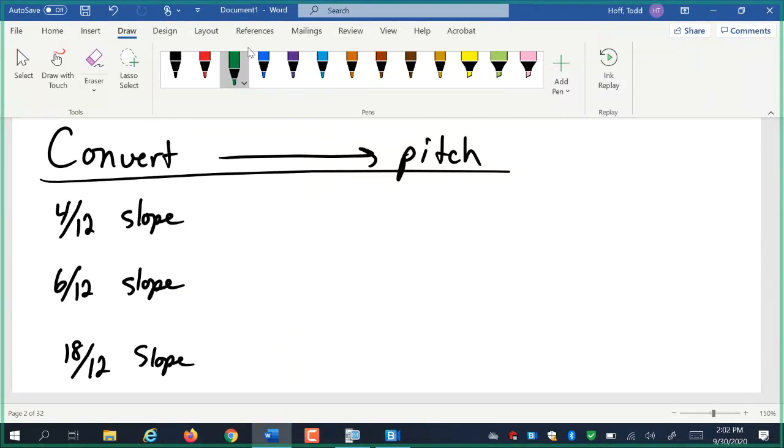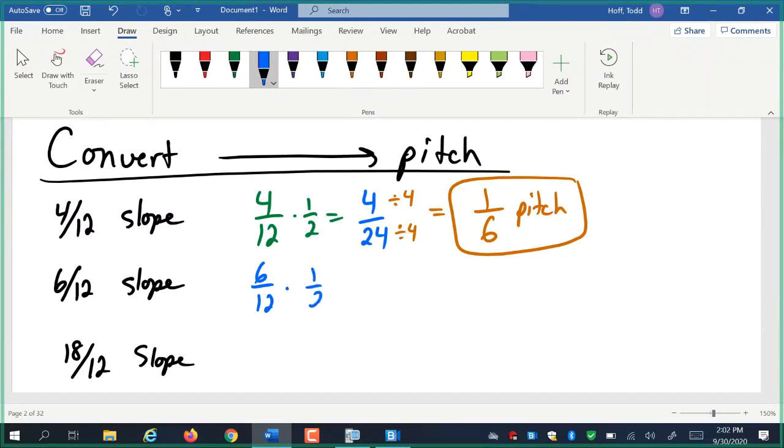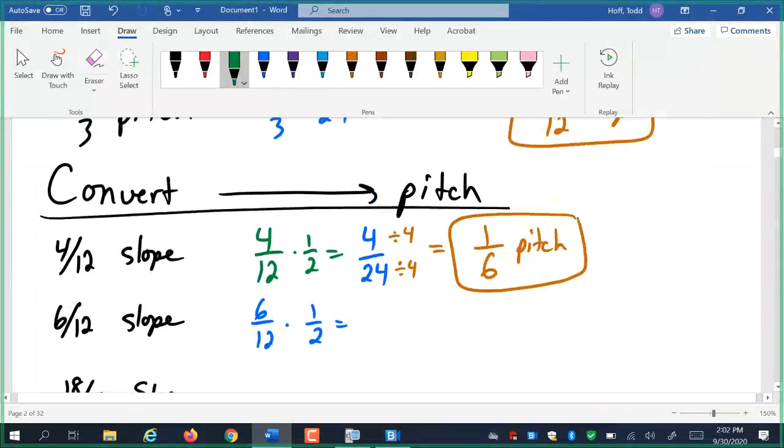Okay, so for the first one, a 4/12 slope. So times 1/2 makes that 4 over 24. We reduce that, both those numbers divide by 4. It's a 1/6 pitch. 6/12 slope times 1/2 gives us 6 over 24.